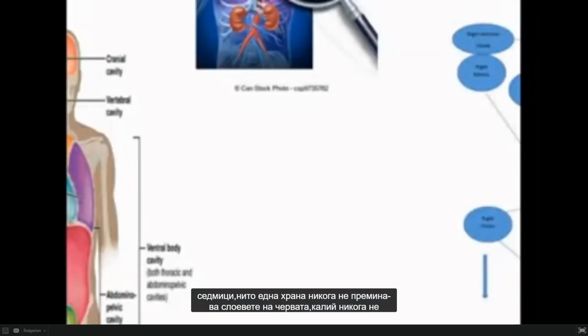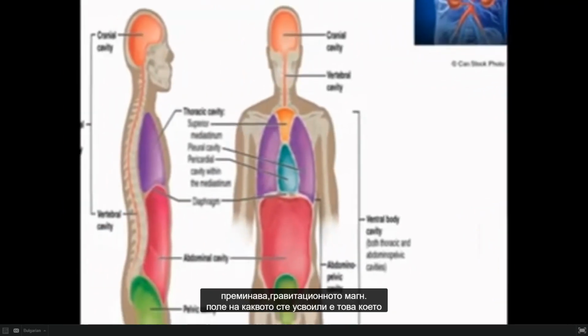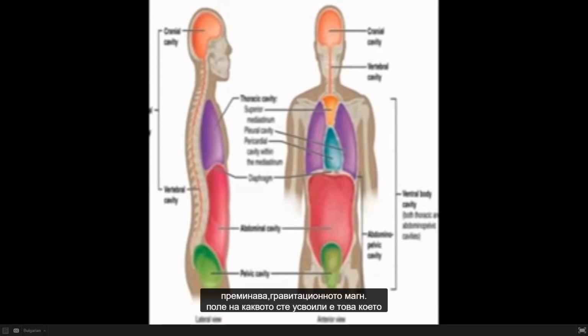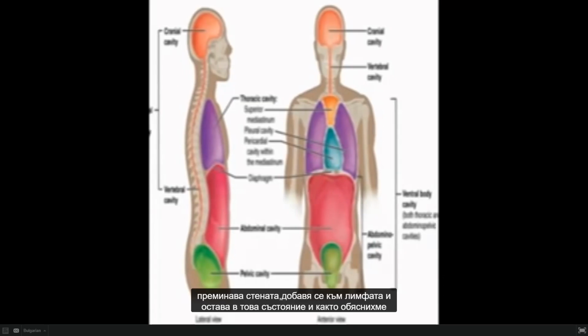This is the way of the conversion. Go back to the understanding of the intestine when we spoke about it a couple of weeks ago. No food ever passes the layers of the intestine. No potassium ever passes. It's the gravitational magnetic field of whatever you digested that passes the wall, adds to the lymph, and stays in that state.